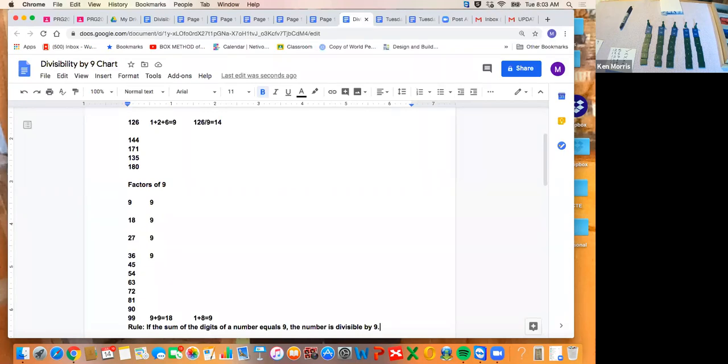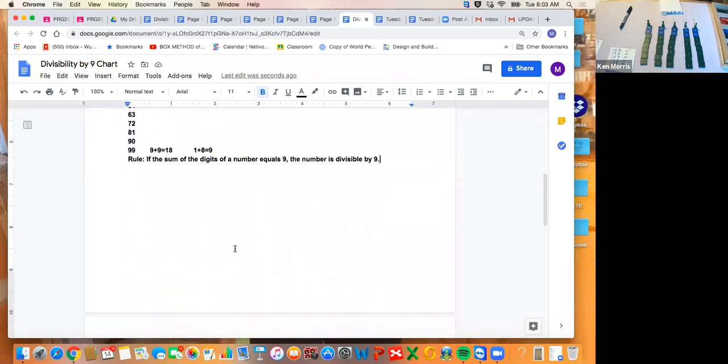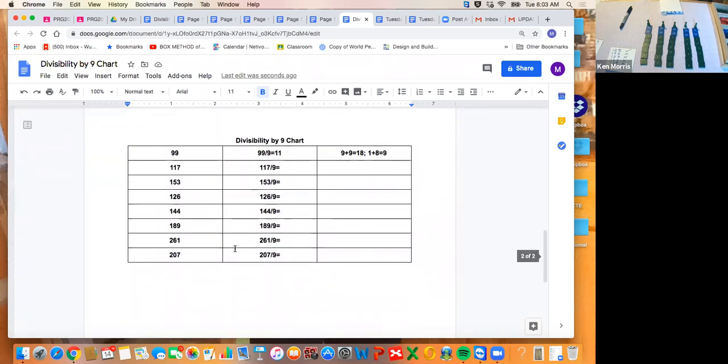As a follow-up, I will come back to this, and again, I will also post it so you'll have it. You can look back to it. As a follow-up, children, I would like you to take a look at this table right here. I have done the first example for you.